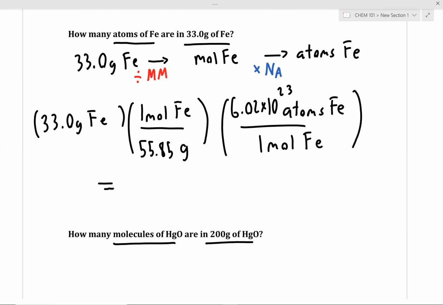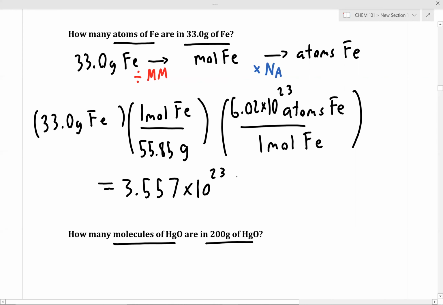And if you push the equal sign, you'll end up with quite a large number. There's a large number of atoms in masses that we can measure on a scale. So let's transcribe that number now. We would get 3.557 times 10 to the 23rd.